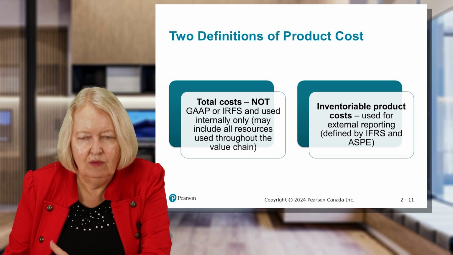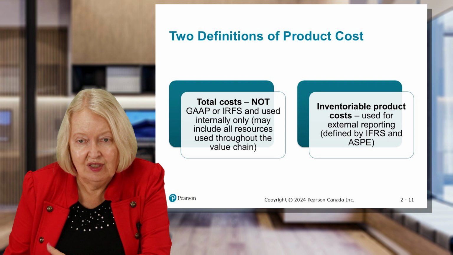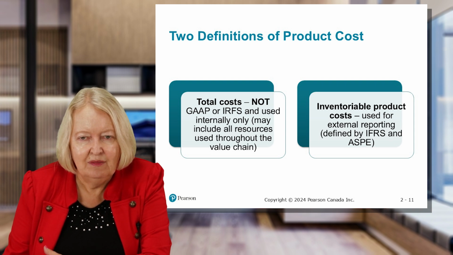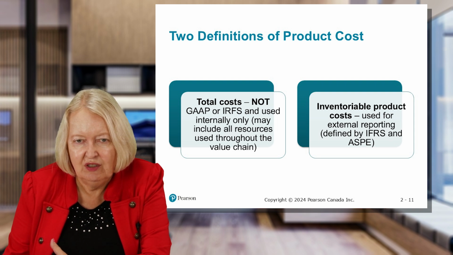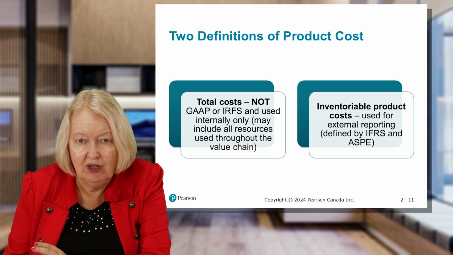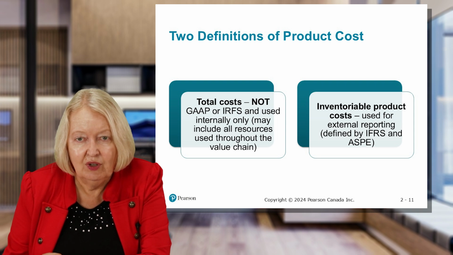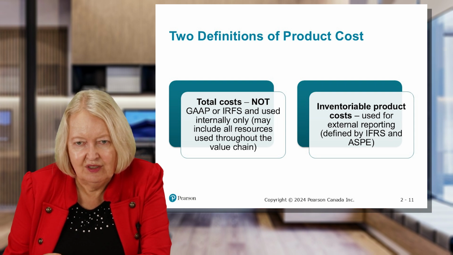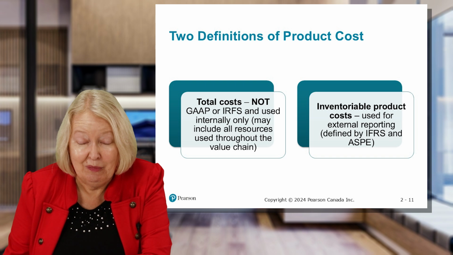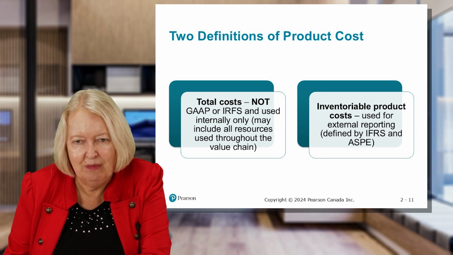Whereas when you're preparing your year-end financial statements, only inventoriable product cost can be assigned to the product. So you have to think about what you're using the information for. If it's for internal management decision making, you want to know all of the costs. Whereas for external financial reporting, it's only the inventoriable product cost. And all of this will become clearer as you practice various problems.